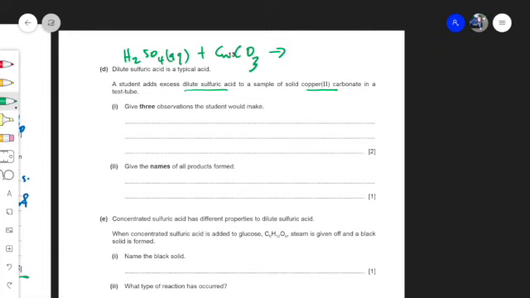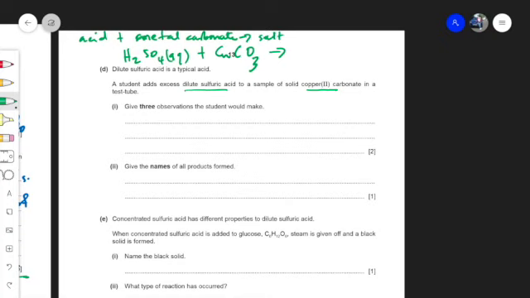So remember that this is a reaction between an acid and a metal carbonate, and you already know that you should get a salt.